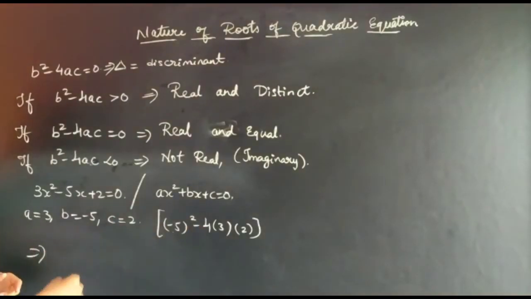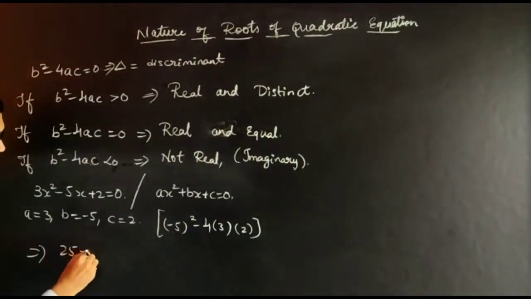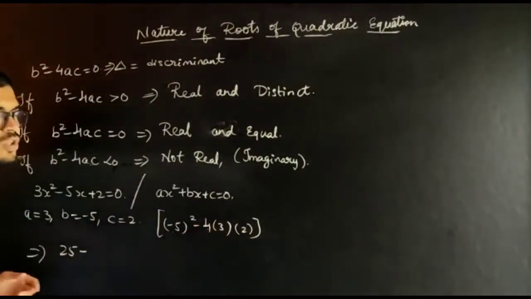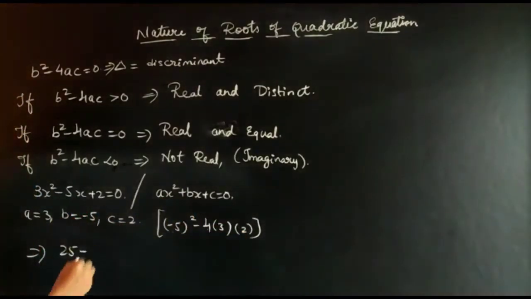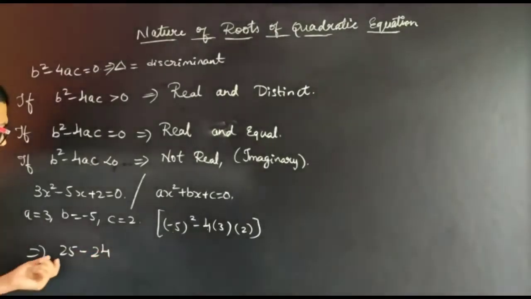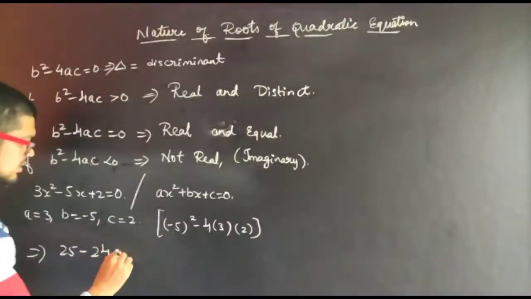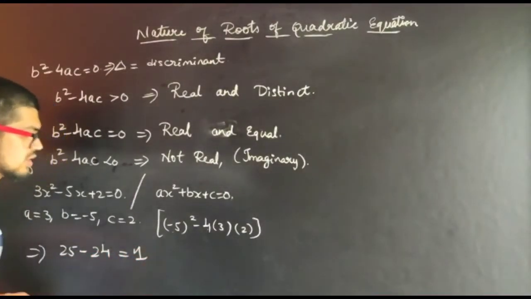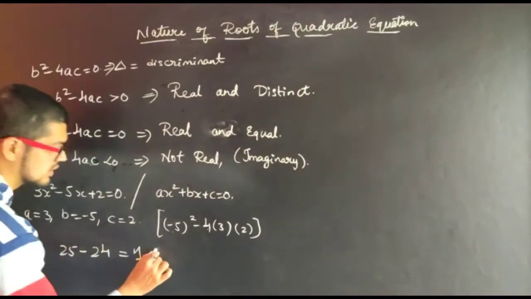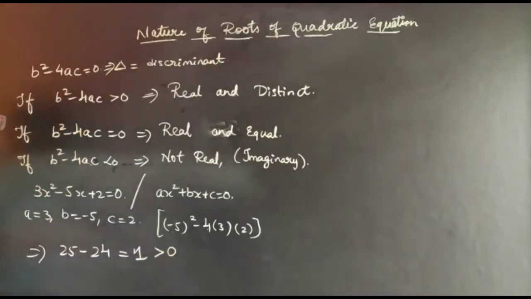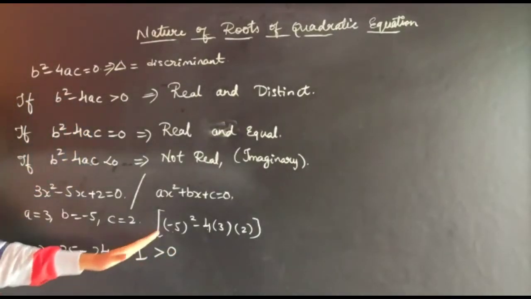Minus 5 square is 25. 25 minus 4 into 3 into 2. 4 threes are 12, 12 into 2 is 24. How much is 25 minus 24? It is 1. Is 1 a positive integer? Yes, very good. So this b square minus 4ac is positive, or greater than 0.